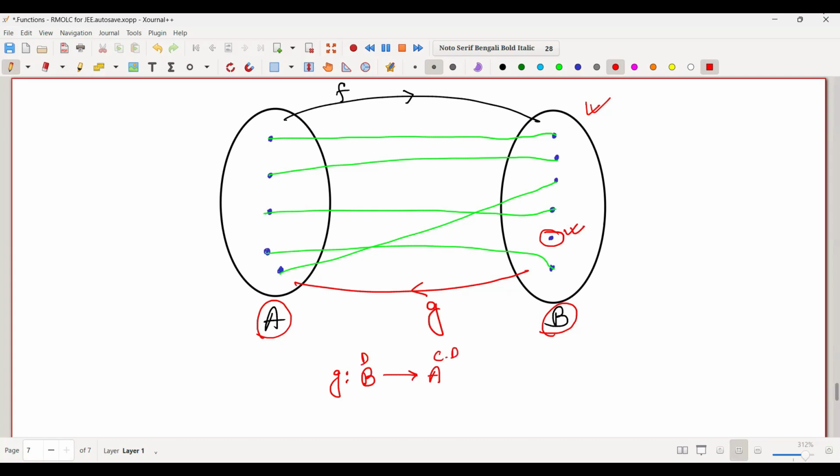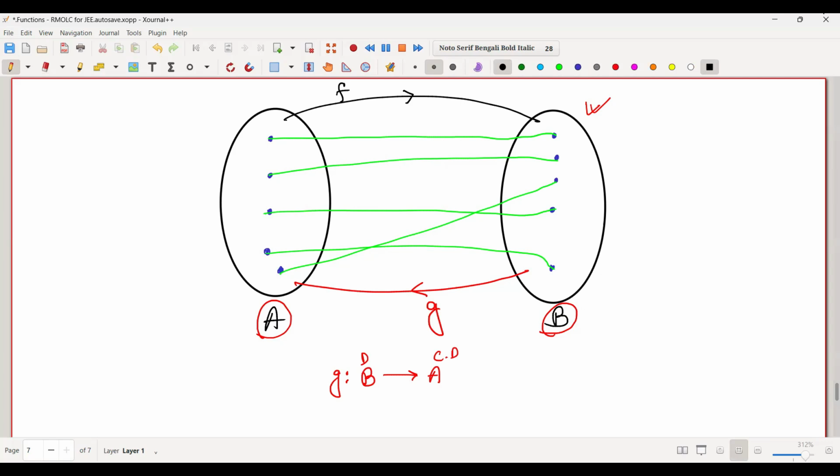So any element of the domain cannot be free for g to be a function. If g is a function, then every element of the domain set B should have an image in the codomain, that is set A. So that means it has to be a one-one and onto map.